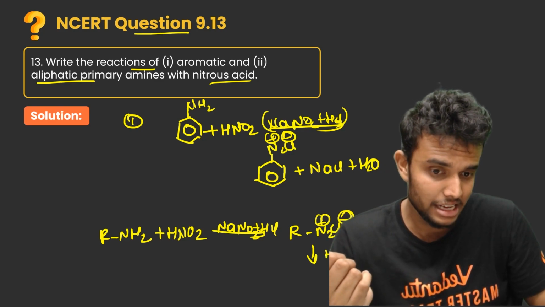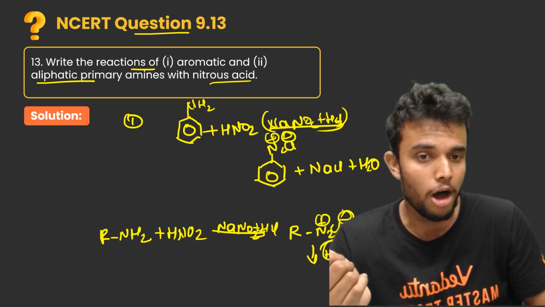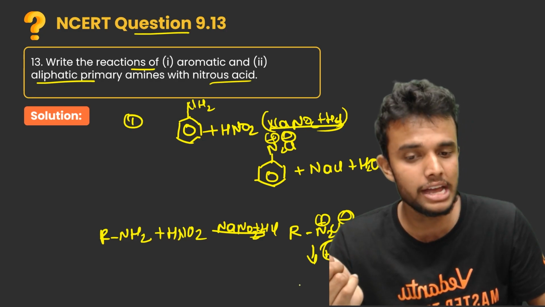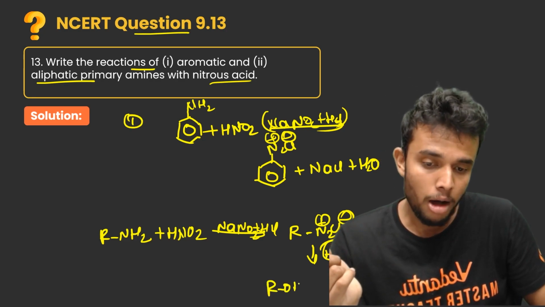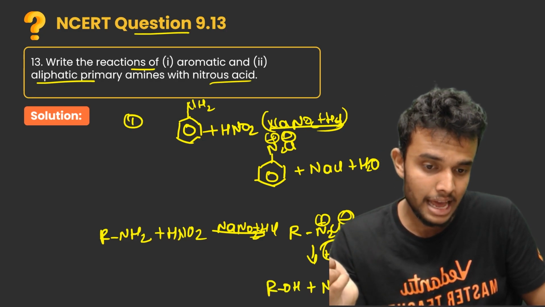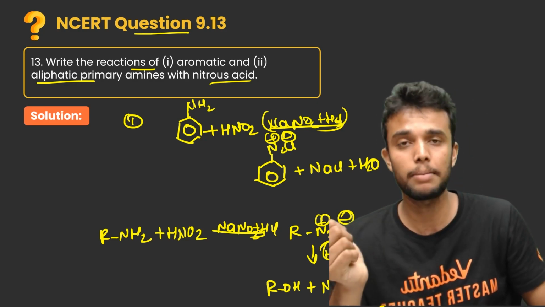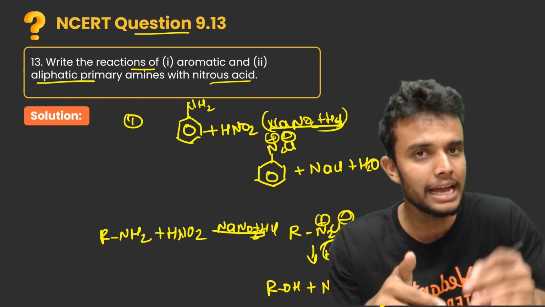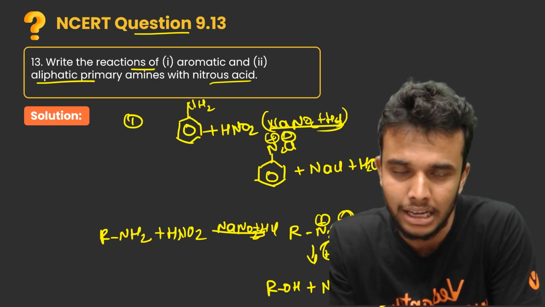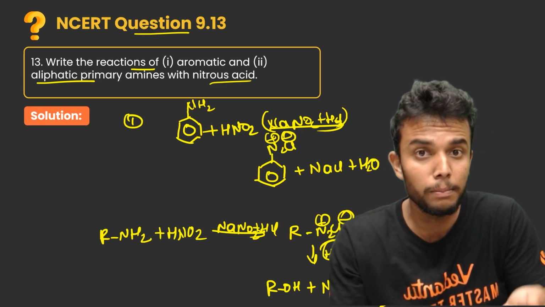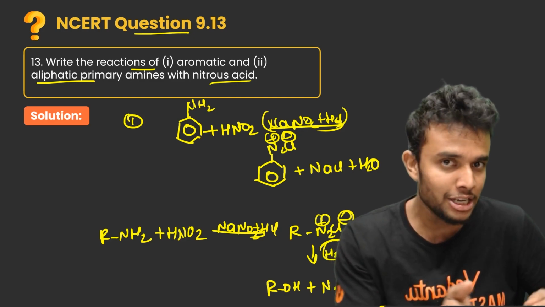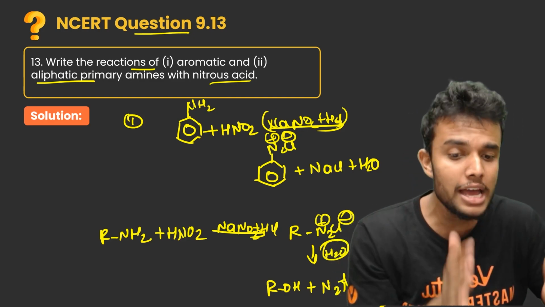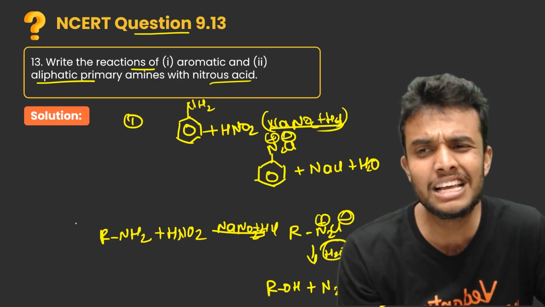Further it reacts with H2O as a by-product, forming an alcohol with elimination of N2 gas and HCl. In aromatic, we obtain the diazonium chloride salt. In aliphatic also we obtain the salt, but it then undergoes reaction to yield the alcohol. This is about this solution.